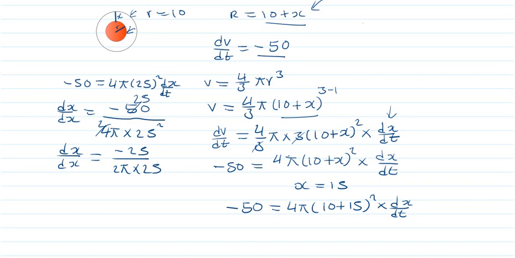This 25 and this 25 cancel out, so dx/dt will be equal to negative 1 over 2 times the 25 that will remain here, it would be 50 pi. This will be in centimeters per minute. So this is the rate at which the thickness of the coated ice will be melting.